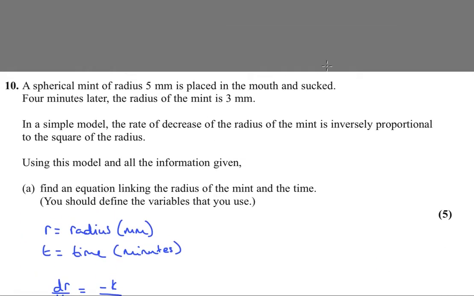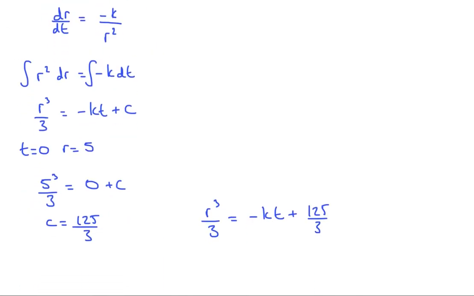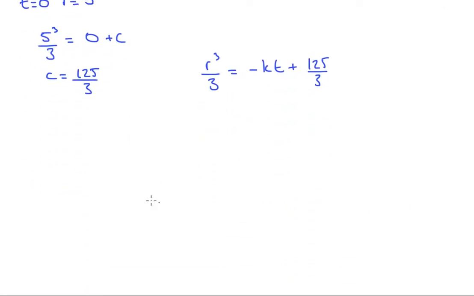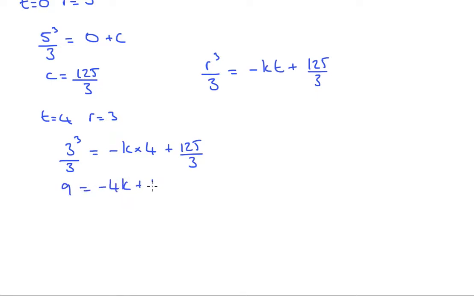The other thing they told us that 4 minutes later the radius is 3. So when t is 4, because my time is in minutes, when t is 4, r is 3. That's going to allow us to get k. So 3 cubed over 3 is equal to negative k times 4 plus 125 over 3. So that's 9. 9 is equal to minus 4k plus 125 over 3.